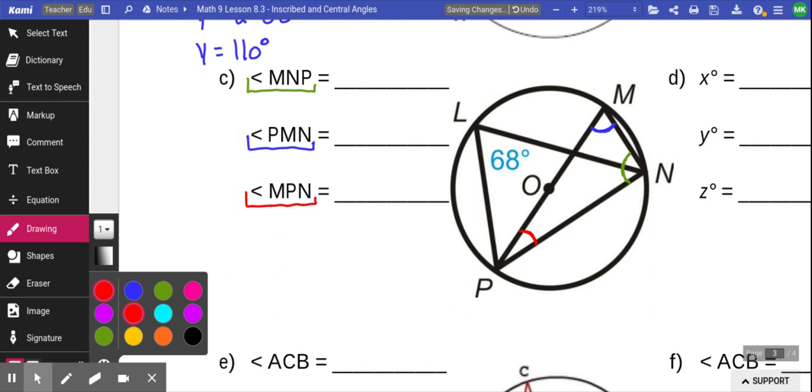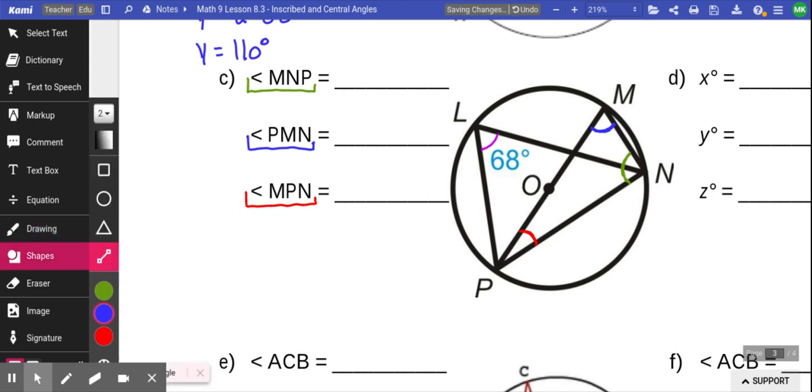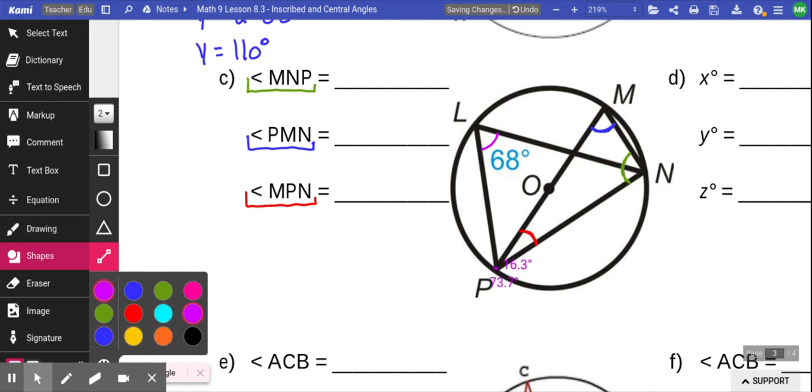Awesome. Now, to solve these, we're going to have to somehow work with the angle that they've given us. If you look, they've given us an angle of 68 degrees right in here. That is the angle that would connect P to L to N. That's an inscribed angle from P to N. All inscribed angles that get me from P to N should measure the exact same.